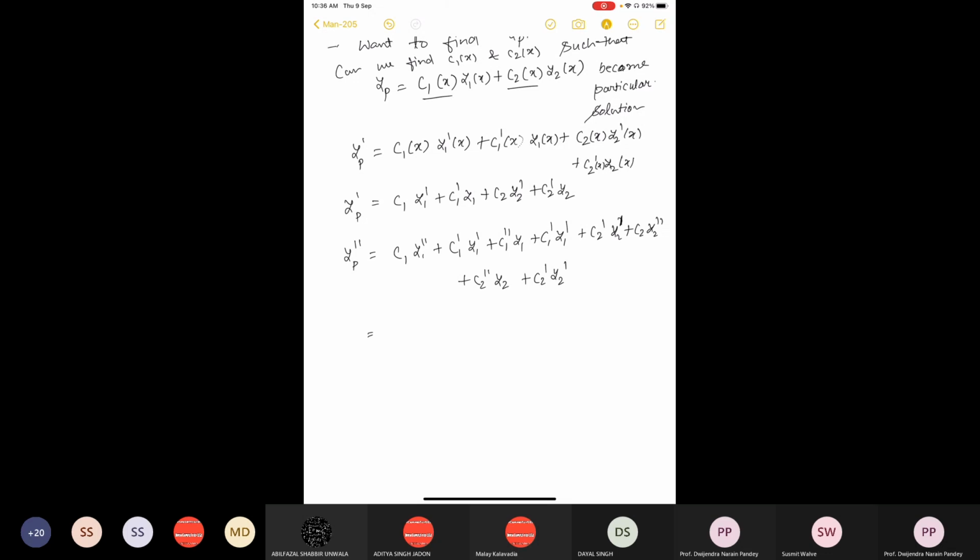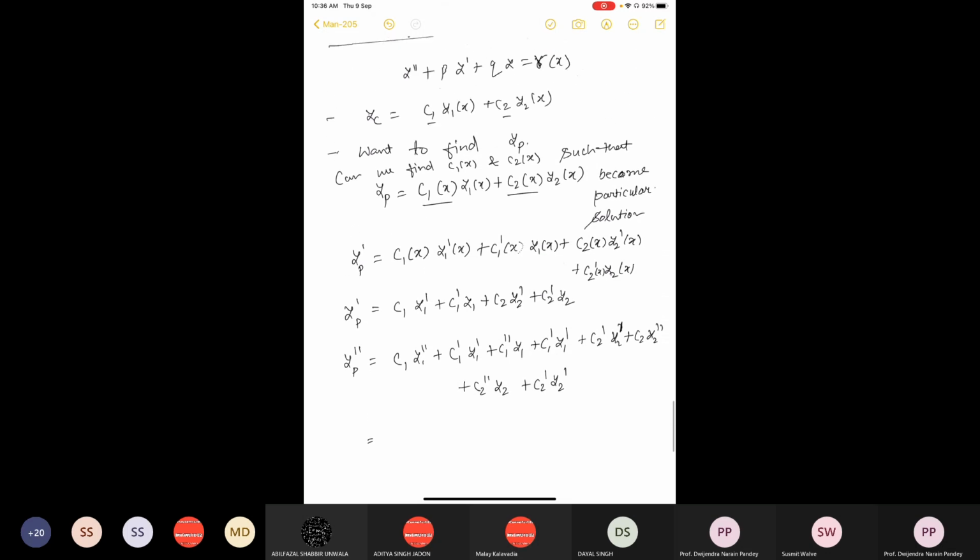Or if we want to rearrange, we can rearrange also. But the problem is that we are trying this method to solve a second order differential equation. In fact, we want to find a particular solution of a second order differential equation, right?